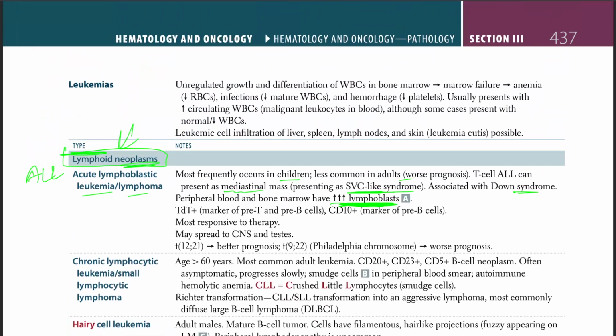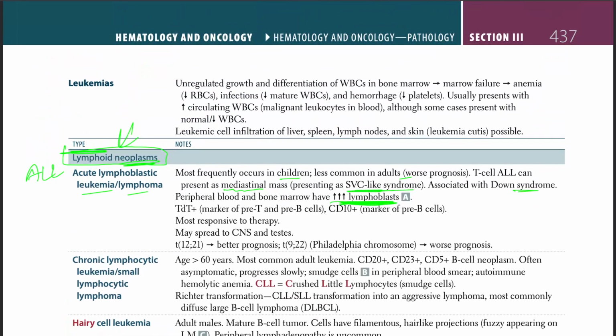So that's the increase in lymphoblasts. In ALL you have the very important TdT positivity. They are TdT positive, which is a marker of pre-T and pre-B cells. What do we mean by pre-T? Meaning blasts. We're again talking about blasts here.